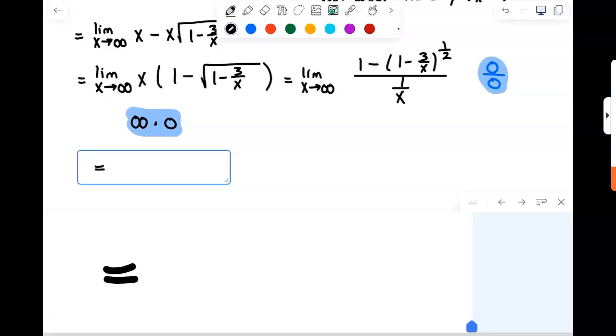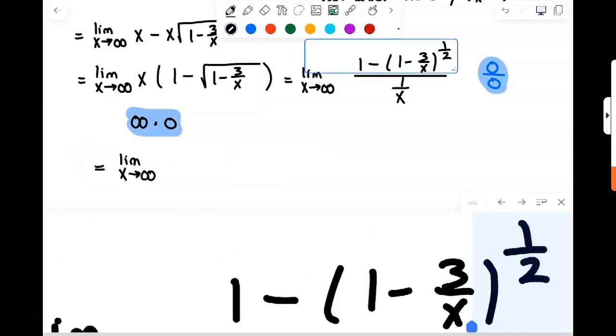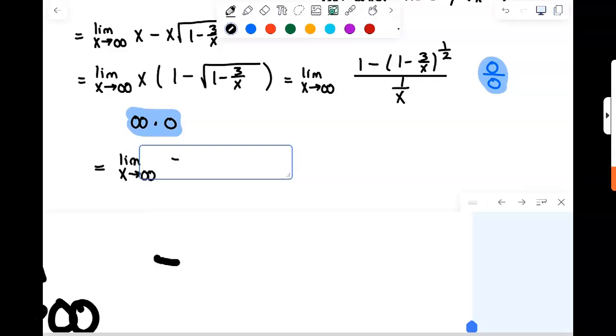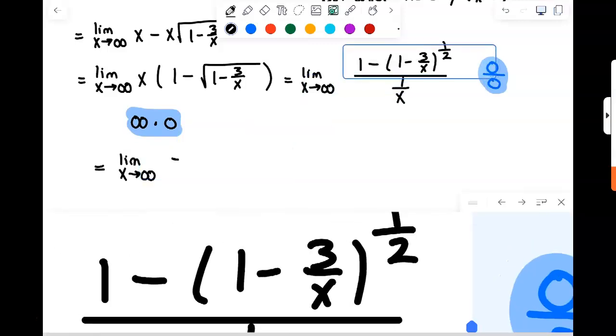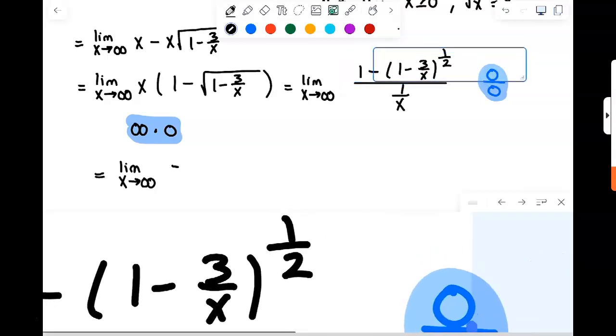So as we do the derivative of the top here, derivative of 1 is 0, so that goes away. We will carry the negative sign through, the one that was out front. And now we have the derivative of 1 minus 3 over x to the 1/2.